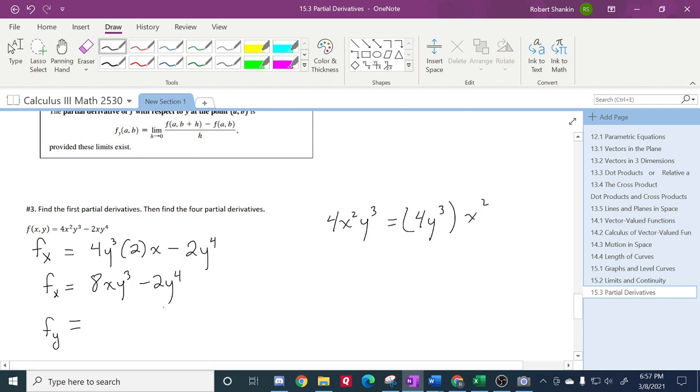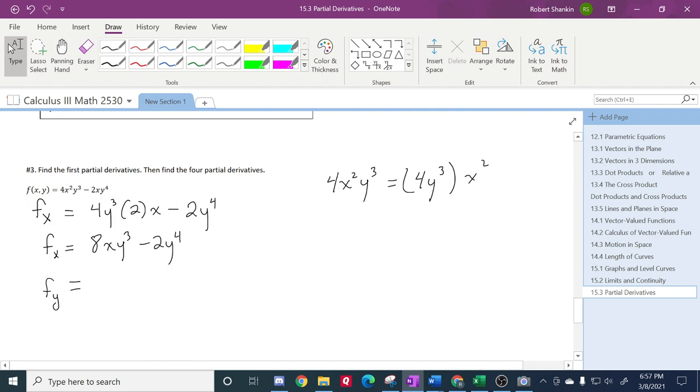And group 2, what are you getting for the partial with respect to y? So I got 12x squared y squared minus 8xy cubed. Okay, so you come back to here, you treat all this as if it's a constant.